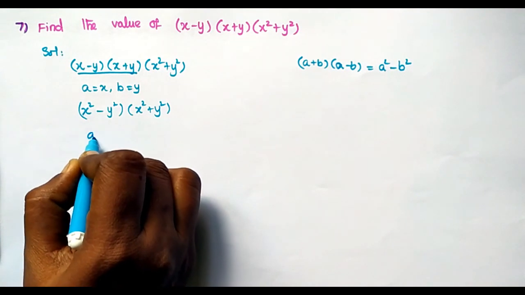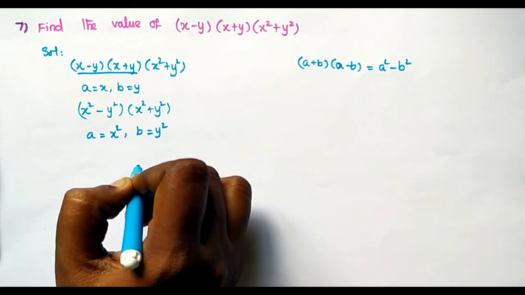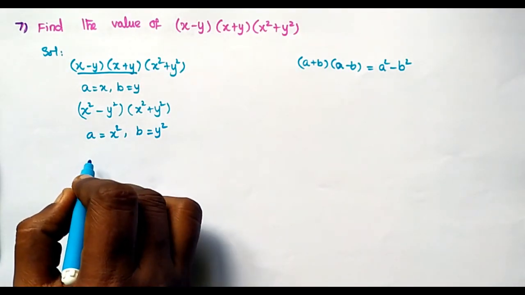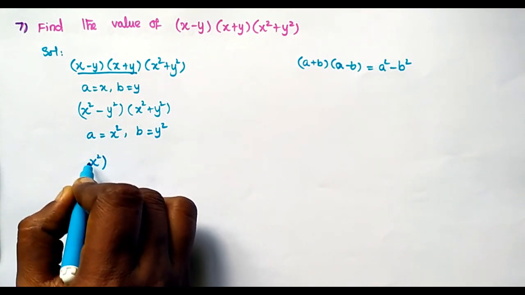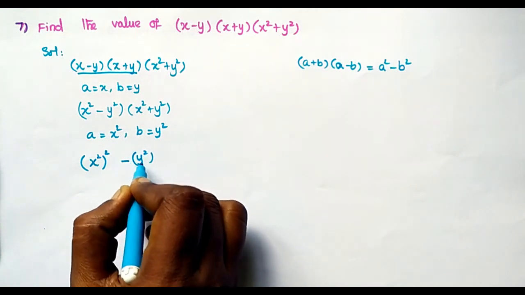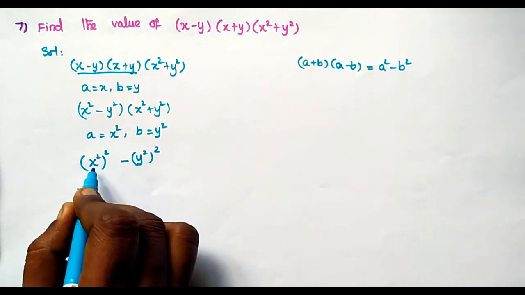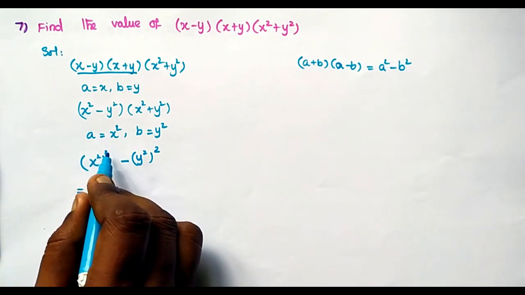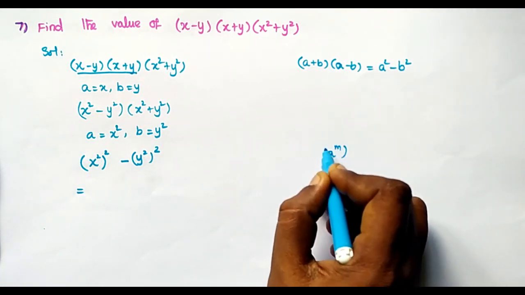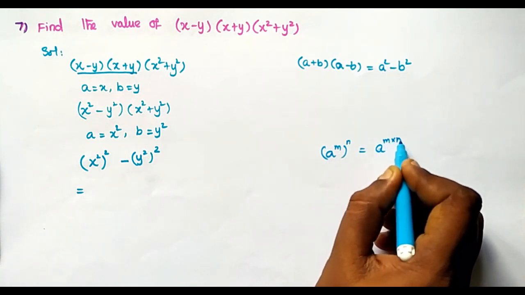So here a equal to x squared and b equal to y squared. Same format. So what is a squared? Now x squared whole squared minus b squared, that is y squared whole squared. x squared whole to the power 2, it is a power m whole to the power n equal to a power mn.